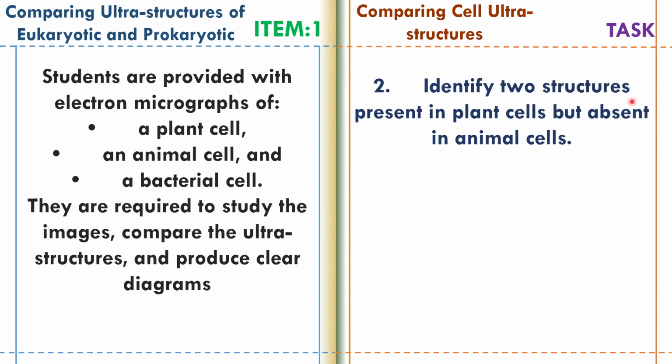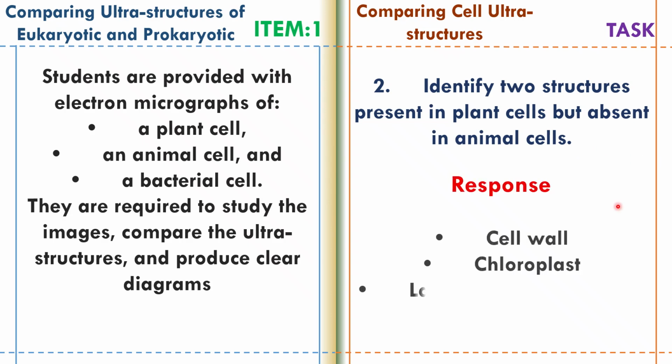Identify 2 structures present in plant cells but absent in animal cells. We have the cell wall, chloroplasts, large permanent vacuole.